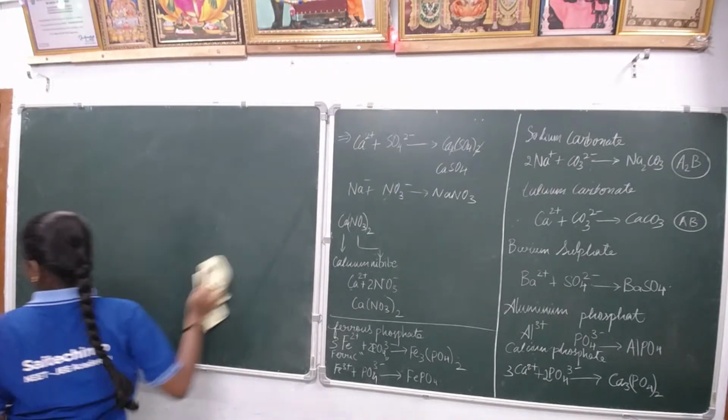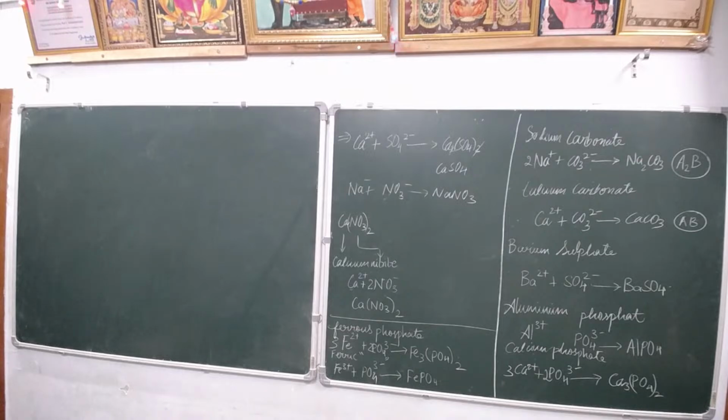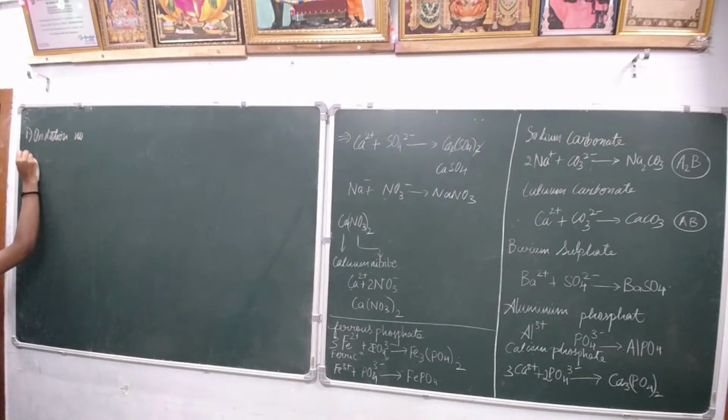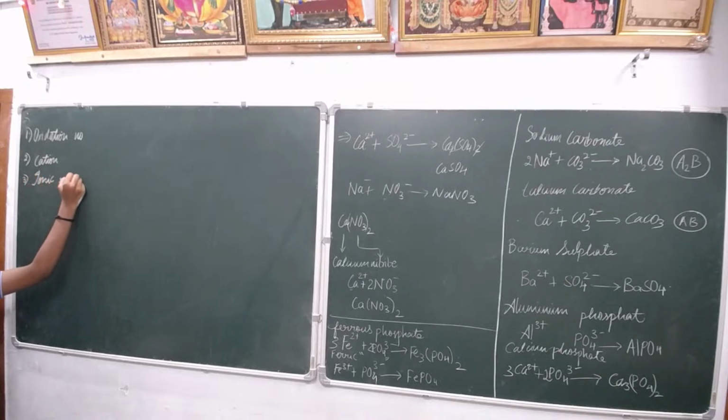Then we know the charges, that is, different types of cations and anions. Fourth, we know how to balance the ionic reactions, and based on that, how to name the compound and arrive at the formula, naming the molecule and forming the molecular formula.